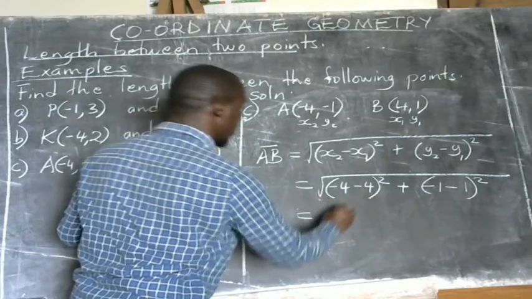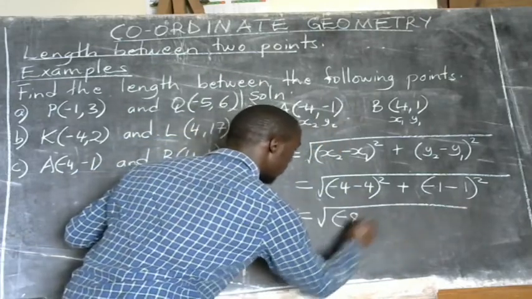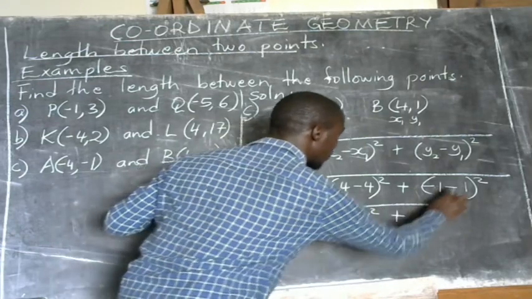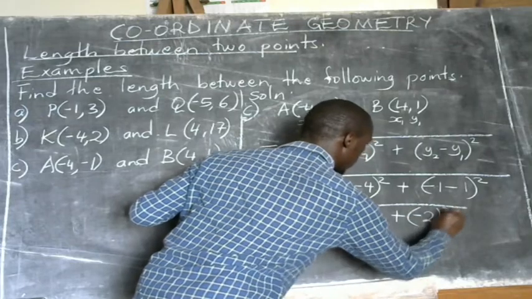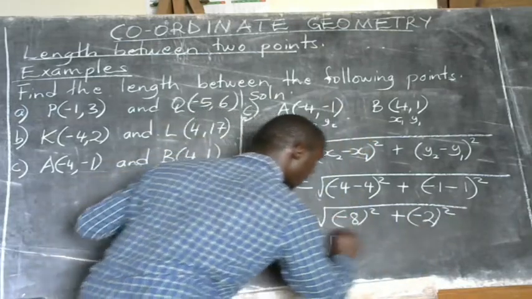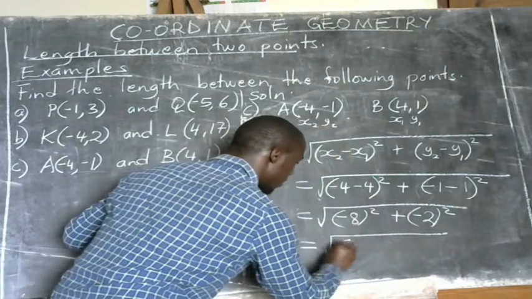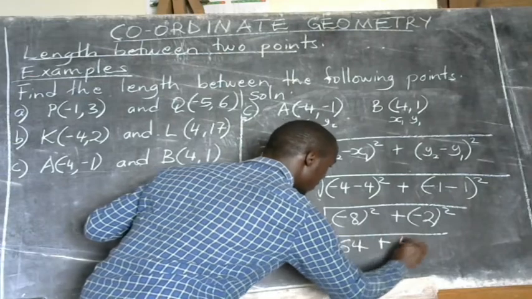So here I get the square root of negative 8 squared, plus here I get negative 2 squared. Square root of 8 squared is 64, negative 2 squared is 4.